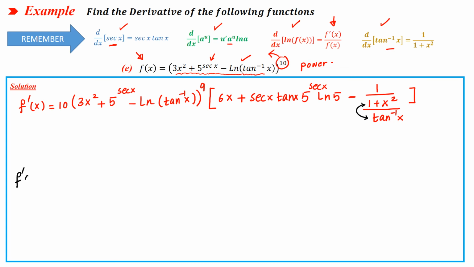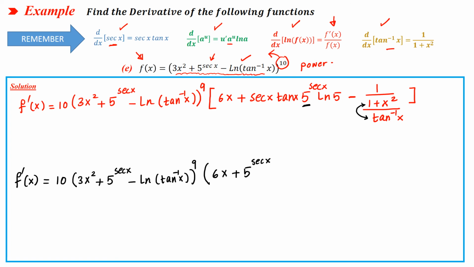So the final answer will be f prime of x equals 10 multiplied by 3x squared plus 5 to the secant x minus ln tan inverse of x, to the 9th power, multiplied by the second bracket, which is 6x plus, for more convenience you can write this one first, so we have 5 to the secant x multiplied by secant x multiplied by tan x multiplied by ln 5, then minus 1 over, now you have to combine these denominators and put them in one denominator, so we have 1 plus x squared multiplied by tan inverse of x.